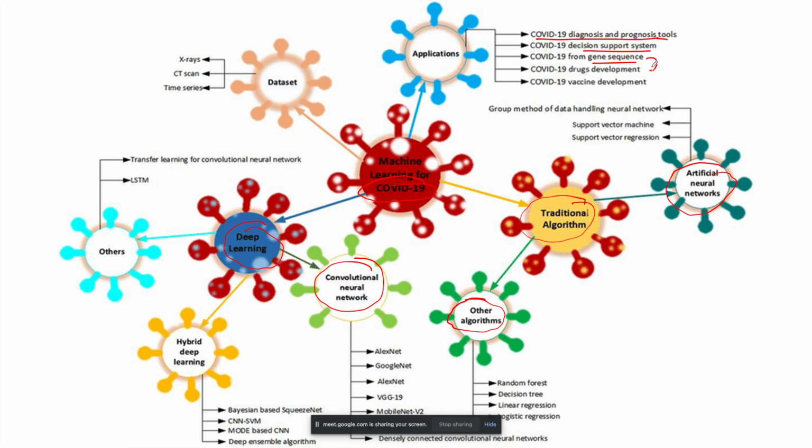Based on that, they have produced the drugs and vaccination for us now. Okay, there also please understand how important classification is. When you come to deep learning, hybrid deep learning, hybrid means a combination of two variants, there also you can see Bayesian based sequence networks they are using, CNN and SVM, support vector machines.